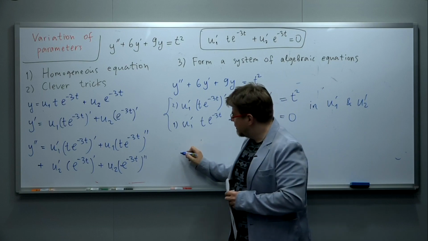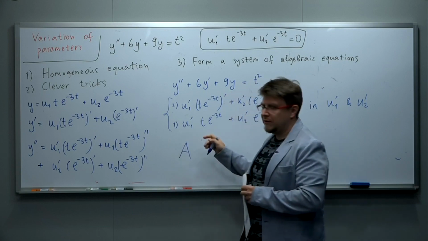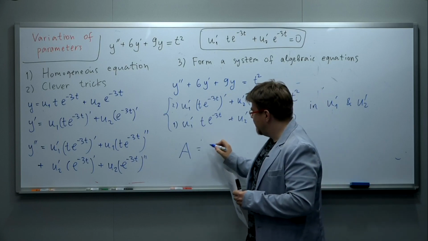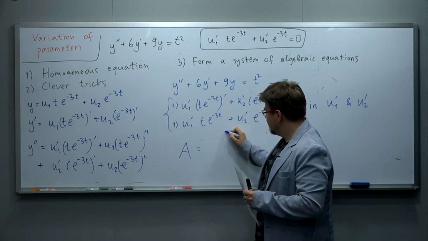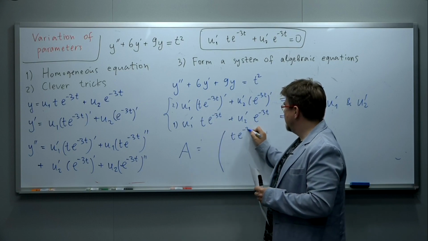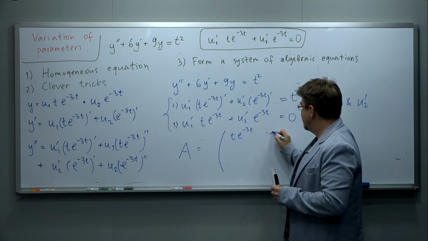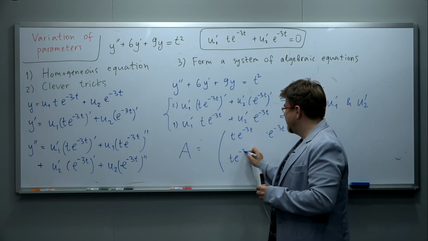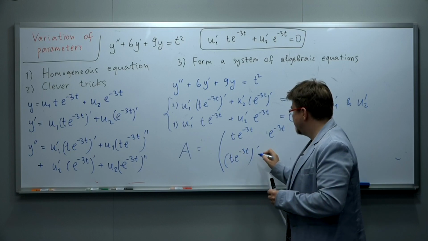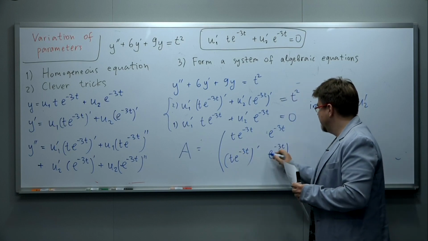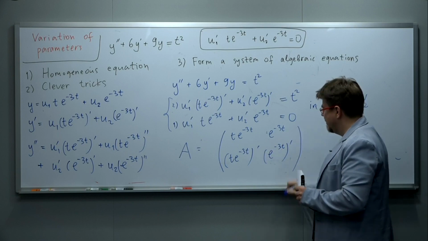Then the matrix of this system of equations is, I will write this first, t e to the minus 3t, e to the minus 3t, (t e to the minus 3t) prime, (e to the minus 3t) prime.